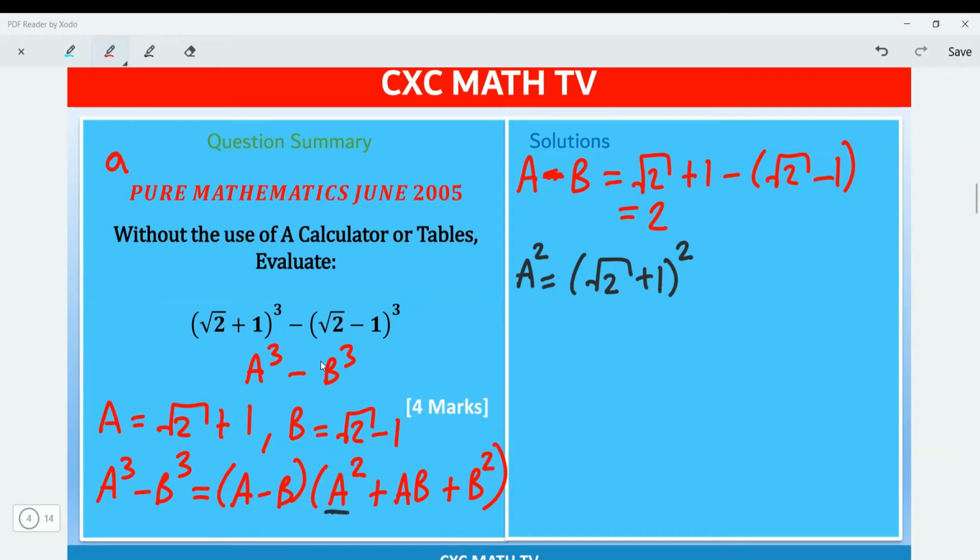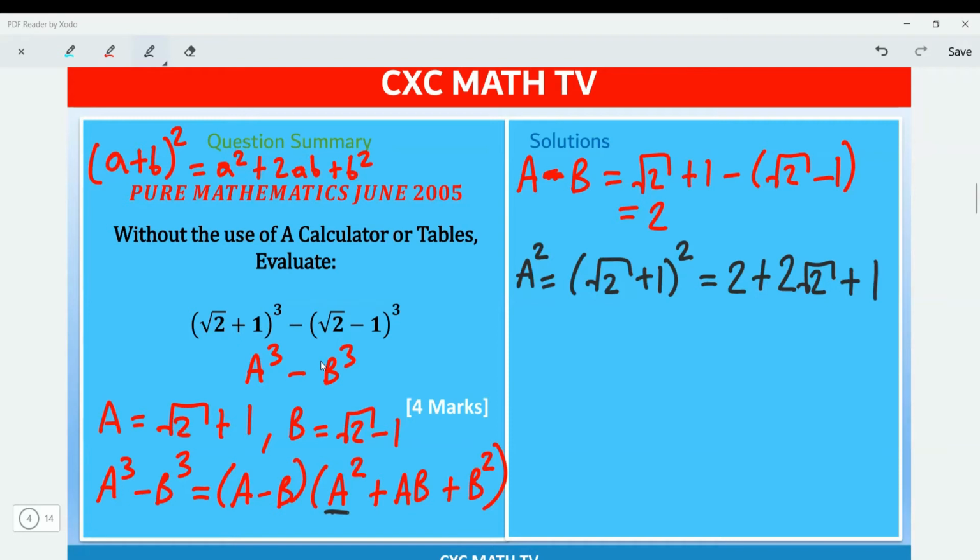I want us to remember that (a + b) all square is a square plus 2ab plus b square. Using that formula, this is going to work out to be first term square, (√2)² is 2, plus twice the product of the two, which is 2√2, plus second term square, 1 square is 1.